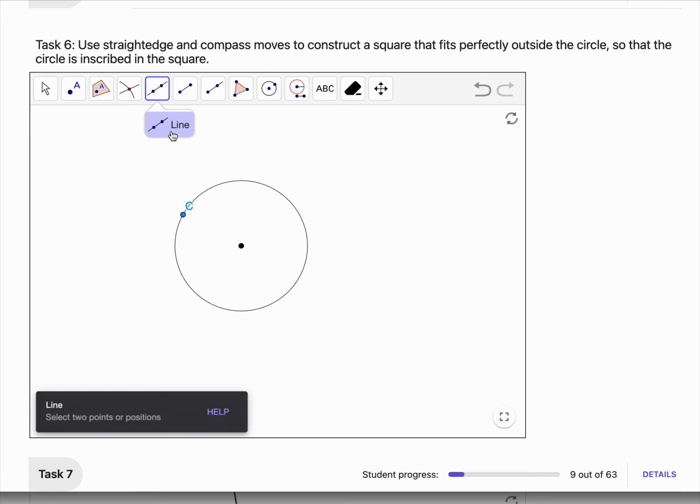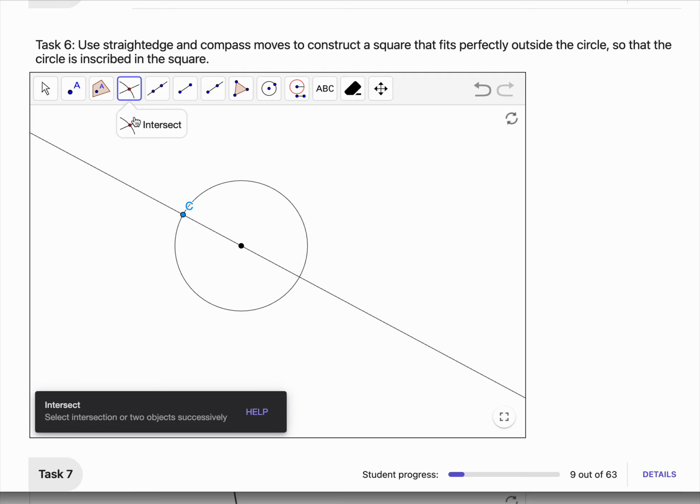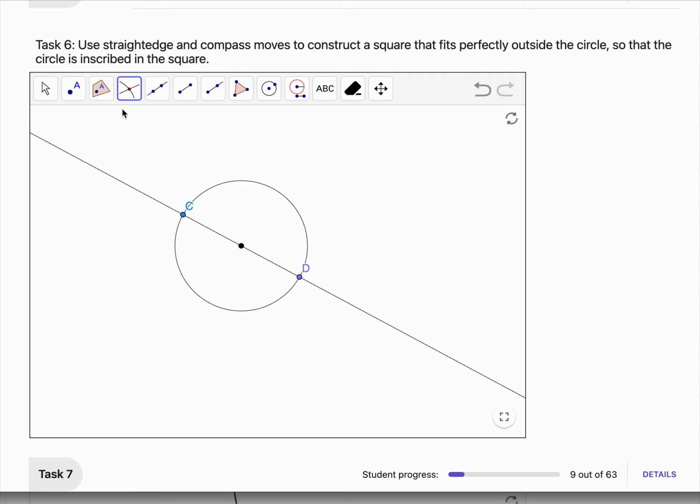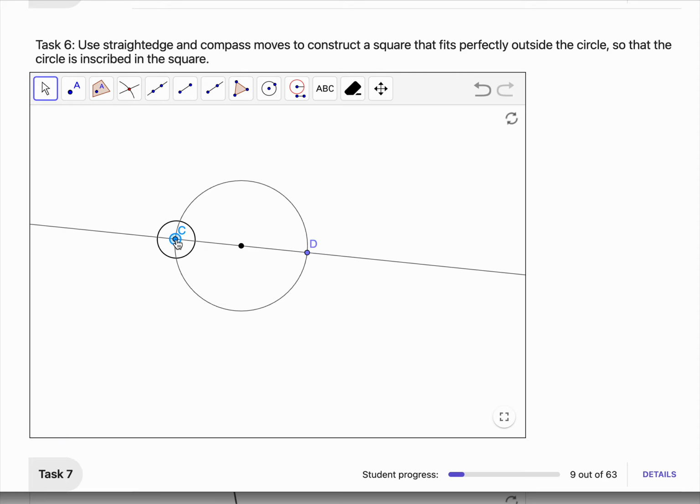I'm going to draw a line, and that'll let me find this other point on the other side. Now, why would I want that? Well, let's think about what we know about a square. What do we know about a square? We know that a square has equal length sides, right?